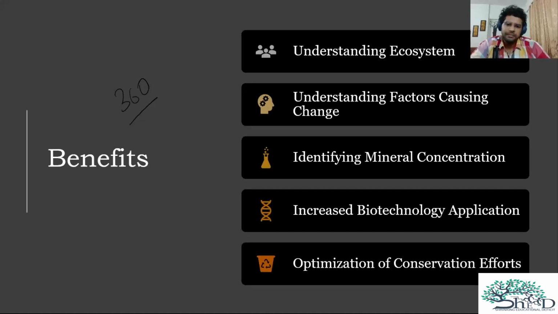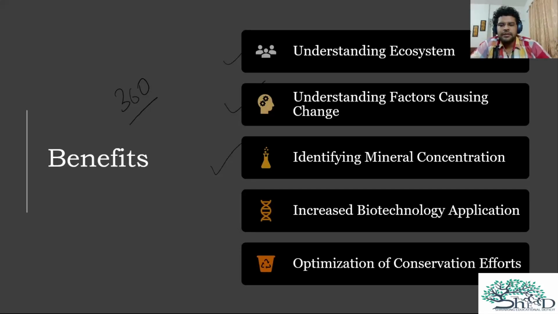So what are the benefits? This will help us in understanding the ecosystem. That means it will help scientists understand how the ecosystem of the Indian Ocean works, right? Secondly, we can understand the factors that are causing climate change. The research that will be carried out will help scientists see the changes in RNA and DNA of the microorganisms in the ocean, right?